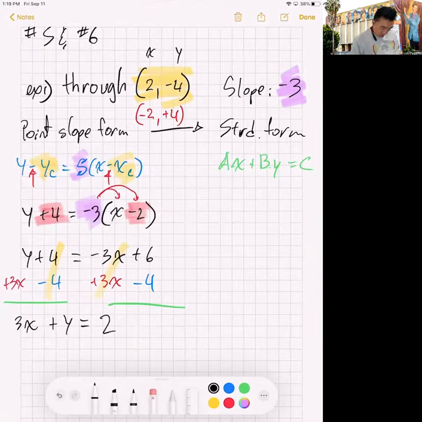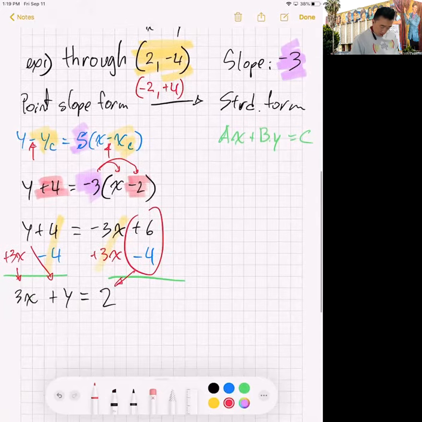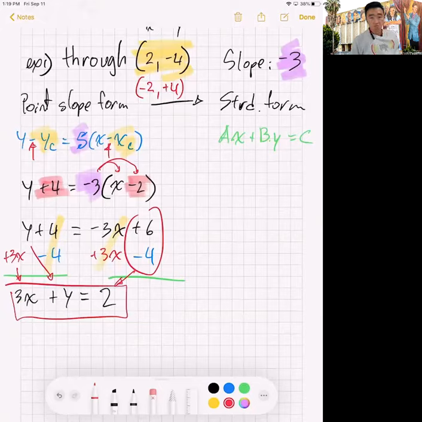Because that's all that's left over. The 3x goes here, the y goes here, and this right here goes right there. Okay, pretty simple, straightforward. You just gotta remember to do this part right here. That's converting the coordinate into the opposite. Okay.